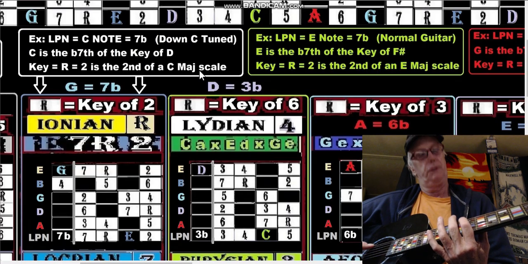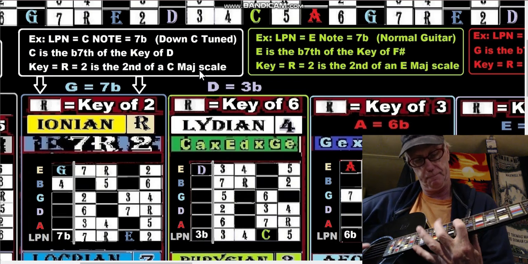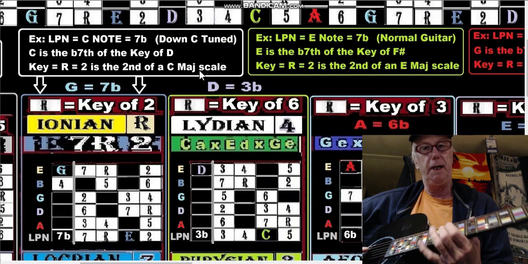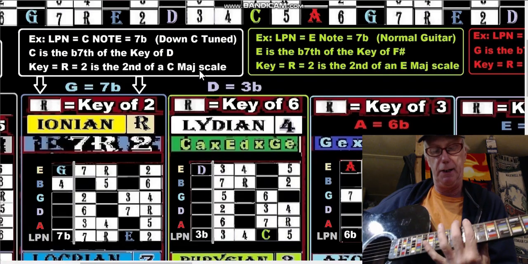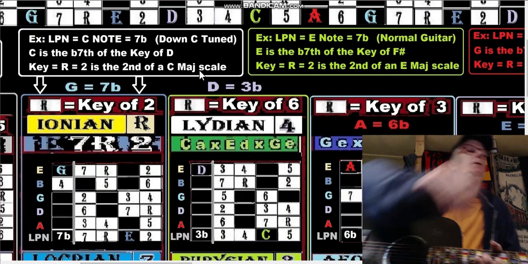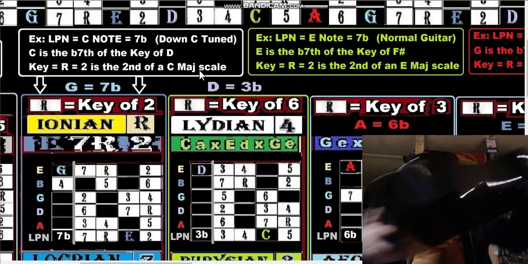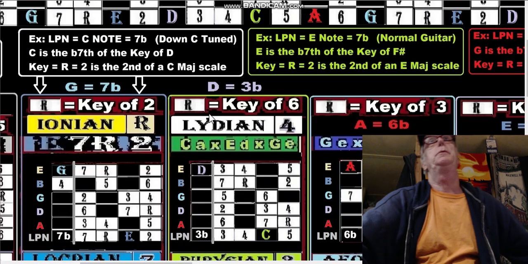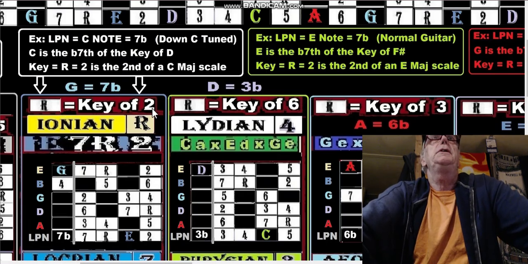So if the lowest playable note is an A, if we want to play an Ionian, the keys, if you play it with a capo on that A, are going to be a chromatic scale off that A. So that's what I mean when I say root equals the key of 6 or root equals the key of 2. It'd be a 2 from the lowest playable note.